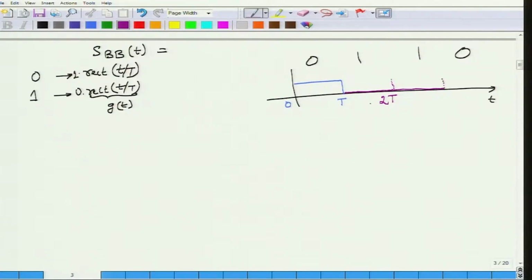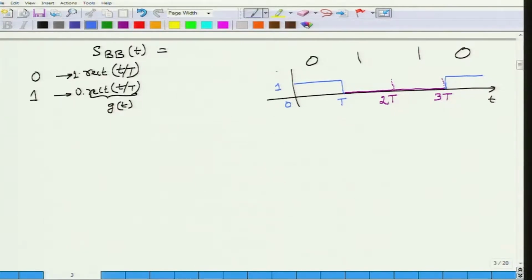Symbol 1 starts from T and ends at 2T, the third symbol starts from 2T and ends at 3T. These dotted lines are simply used to show the boundaries; they do not really exist as part of the waveform. And finally, when you want to transmit 0, you start the transmission at this point with an amplitude of 1.